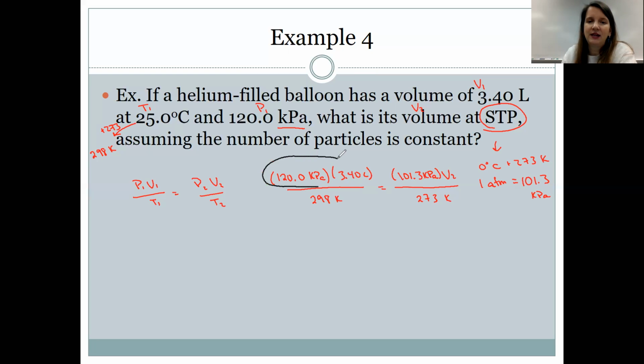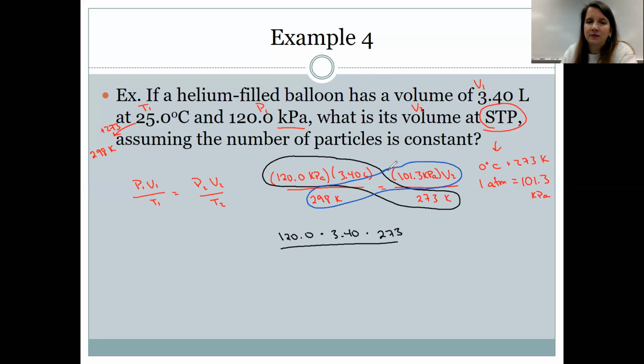So I'm going to take this diagonal and multiply those numbers together. So I have 120 times 3.4 times 273, and I divide it by my diagonal where I have the variable, so 298 times 101.3.